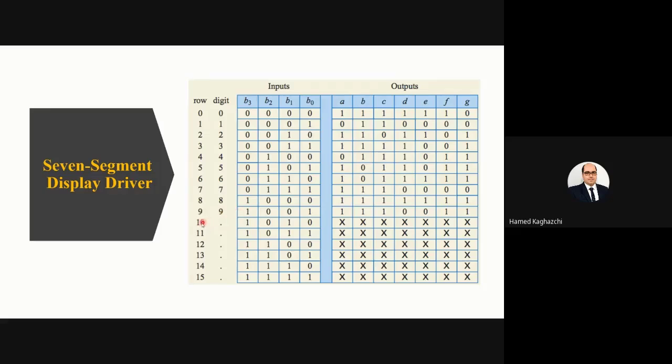What happened for the other patterns? In this case, we say that from 10 up to 15, all of the outputs are don't care. It doesn't matter. We only used 0 up to 9.